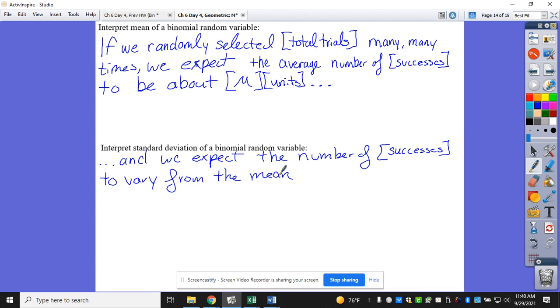So from the mean, whatever the mean number is, and the units might get a little bit duplicative, like it kind of says up there. Stars ended up being our successes and our units. So vary from the mean of that by, and then this is what we just talked about, what? An average. What word? About, and then the number of units.